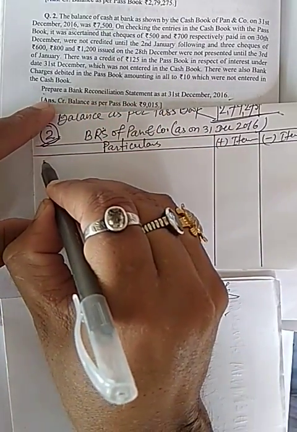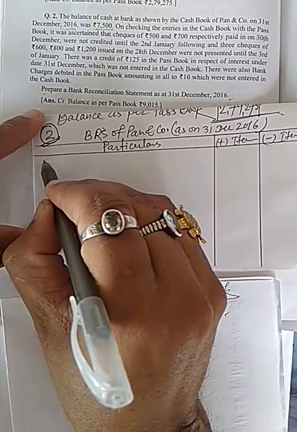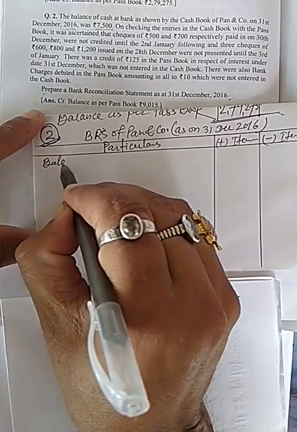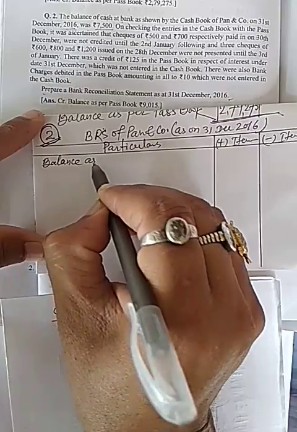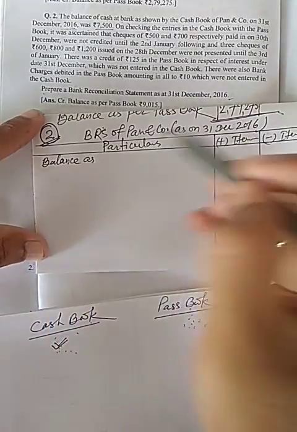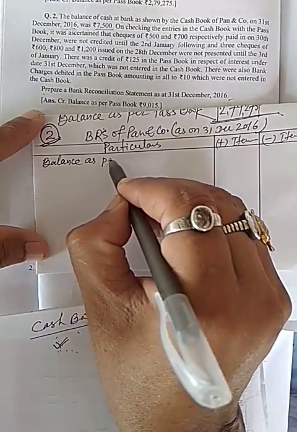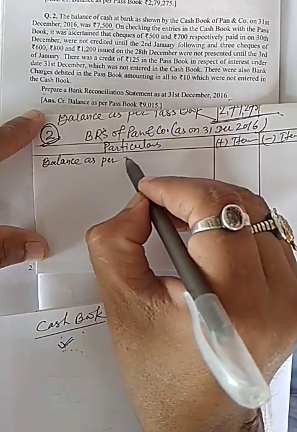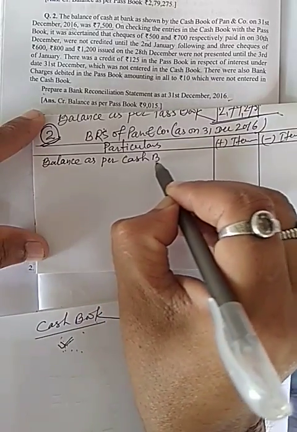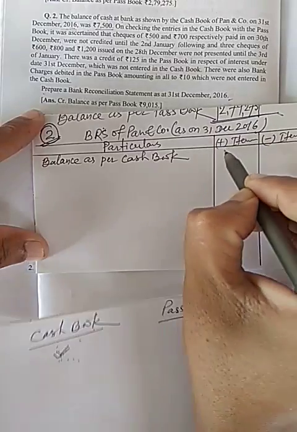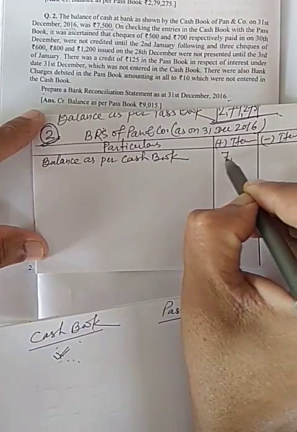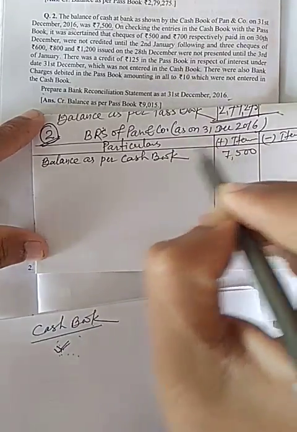So I will write balance as per cash book in plus item 7,500.